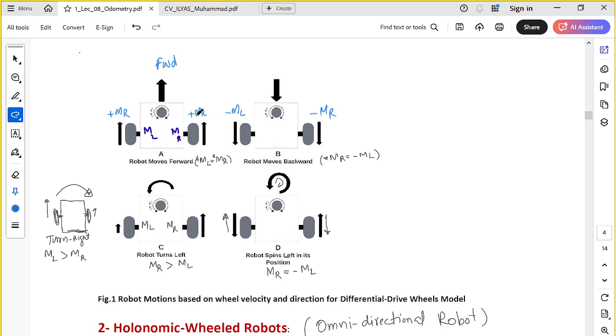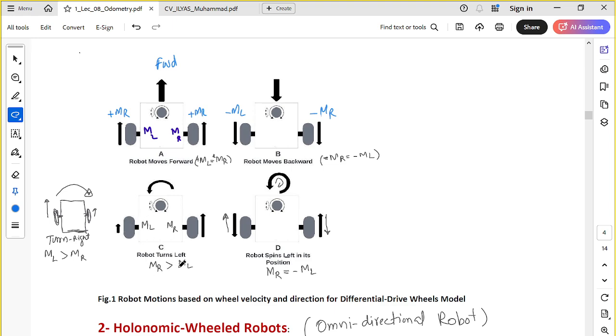then in this case, the robot will move backward, right? Similarly, if you want to turn left, you increase the speed of your right motor, and this will be decreased.